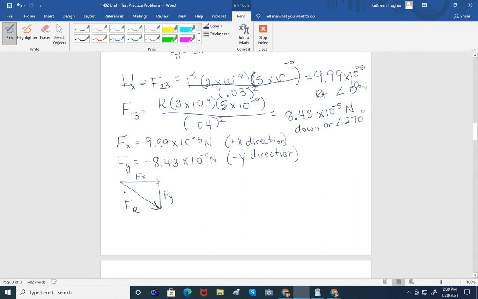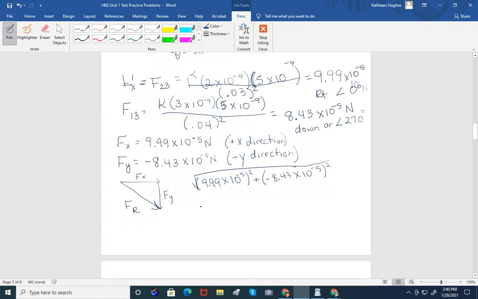As far as getting magnitude, we've done this a lot of times, it's just the Pythagorean theorem. 9.99 times 10 to the negative 5 squared, that's the x component. Negative 8.43 times 10 to the negative 5 squared, that's the y component.